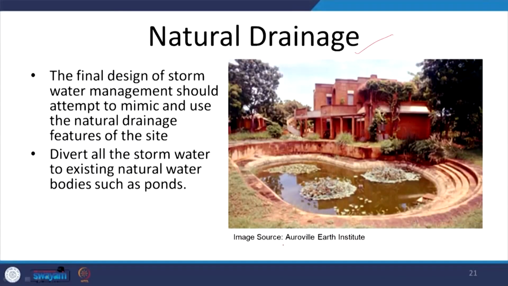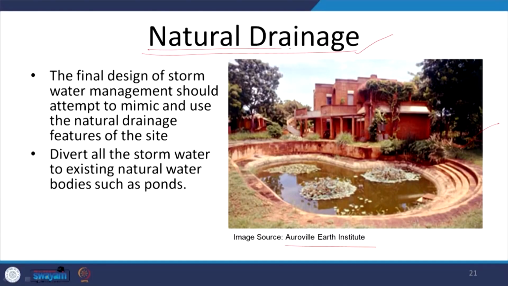If we look at the beautiful case of Auroville, this is only the Auroville Earth Institute shown in the picture here, but if we look at the concept and how the entire Auroville came up and developed, initially people followed the natural pattern of how water was flowing, and then they looked at where the water needs to be intercepted, so that it does not take away the soil along, and where those retention ponds, the infiltration basins and the water bodies have to be created.